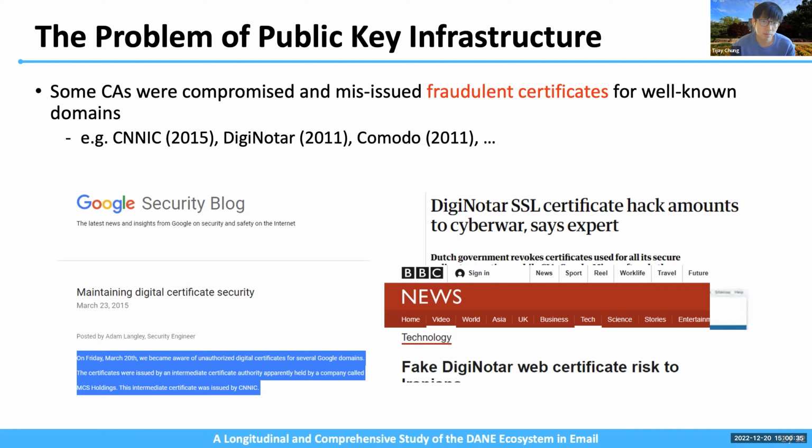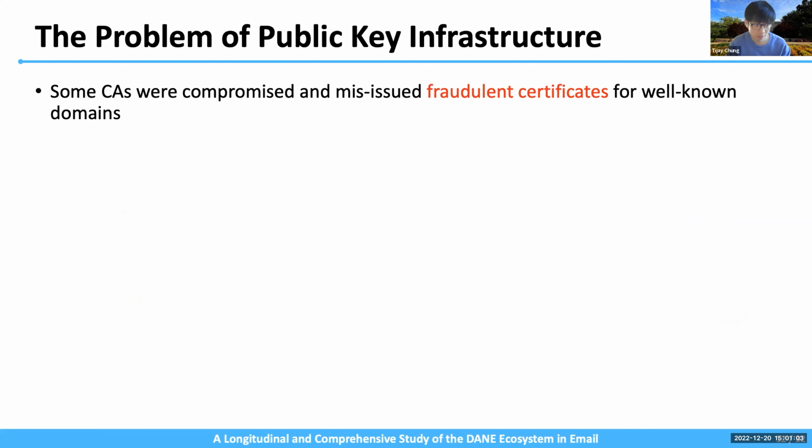The problem of the web public key infrastructure system is that some CAs can be compromised. We already covered this topic in the TLS classes, right? So some CAs can be compromised and used to issue many fraudulent certificates for well-known domain names. There are numerous incidents that happened historically, so you can easily Google it.